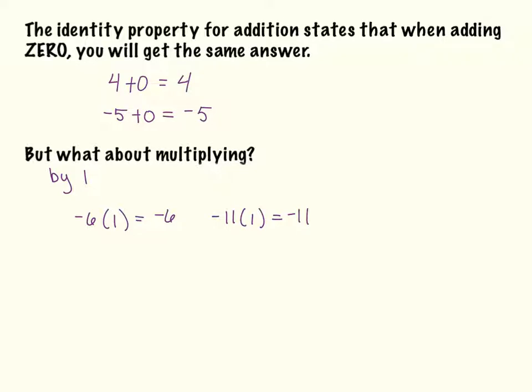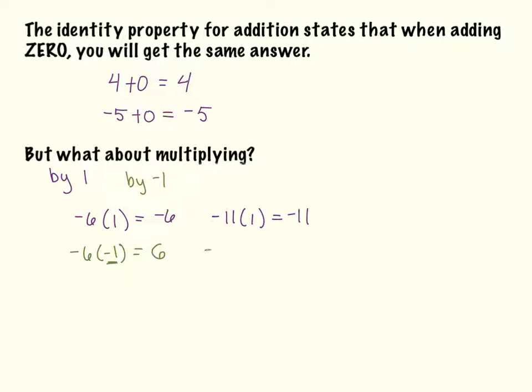Okay, now what if we multiplied by negative 1? Okay, so negative 6 times negative 1 will end in a positive 6. So this time, negative 6 ended up changing to a positive 6. So technically, this negative 1 value right here affected our expression.